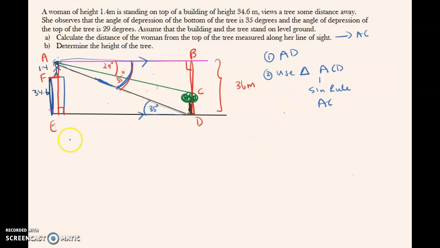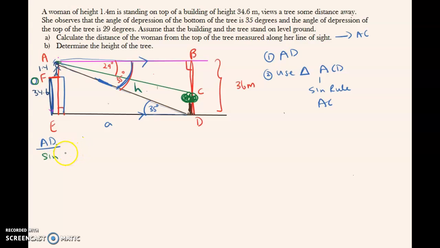So to find AD, I'm using triangle AED, which is a right angle triangle. Here's my opposite, here's my adjacent, and here's my hypotenuse. I want to find my hypotenuse, because AD is the hypotenuse. Simple SOHCAHTOA: if I need to use opposite and hypotenuse, that would be sine.